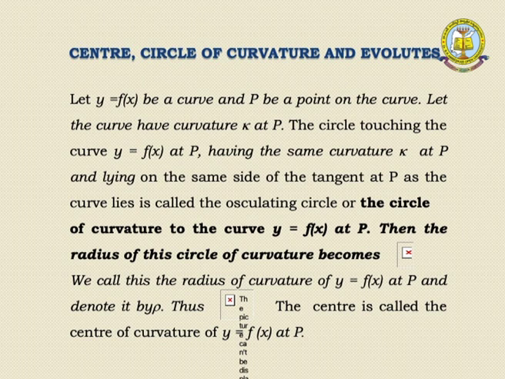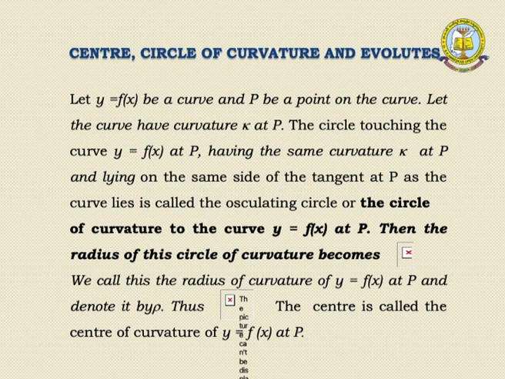Let the curve have curvature k at P. The circle touching the curve y is equal to f of x at P, having the same curvature k at P and lying on the same side of the tangent at P as the curve lies, is called the osculating circle or circle of curvature to the curve at P. Then the radius of this circle of curvature is rho.